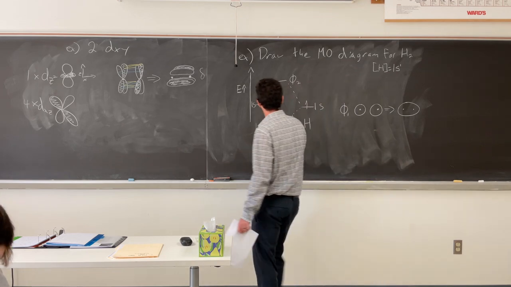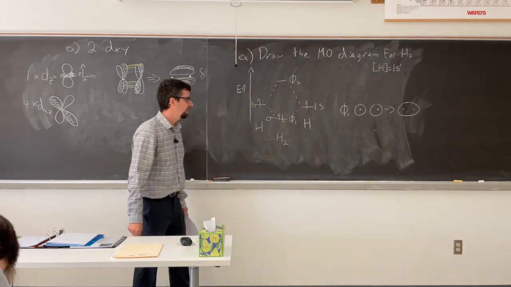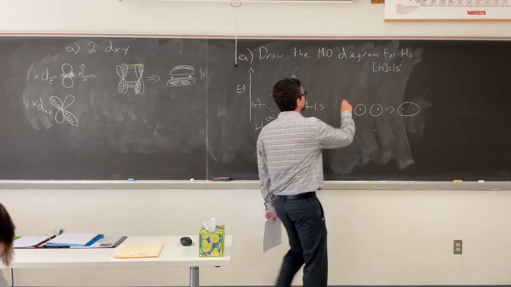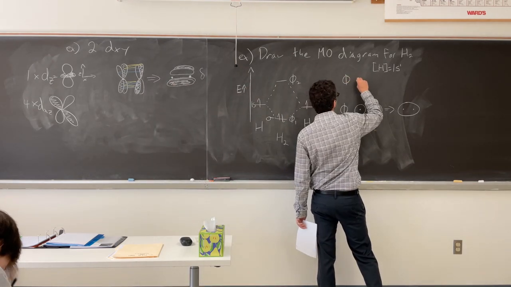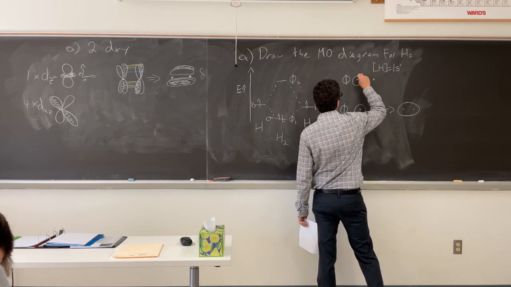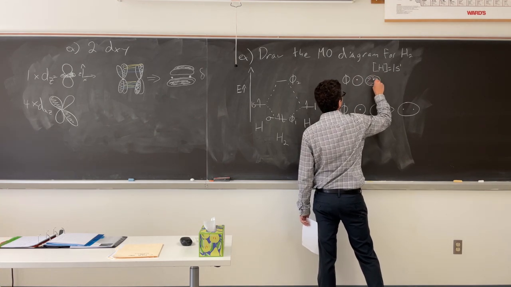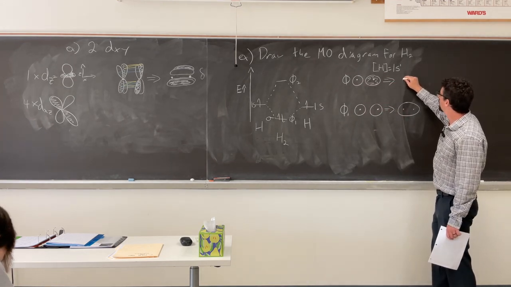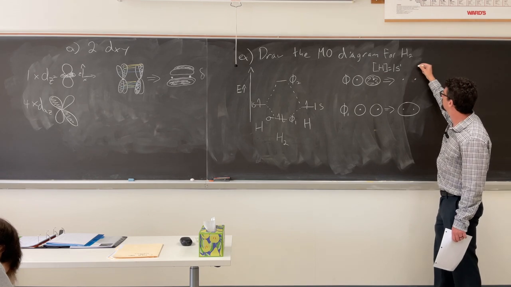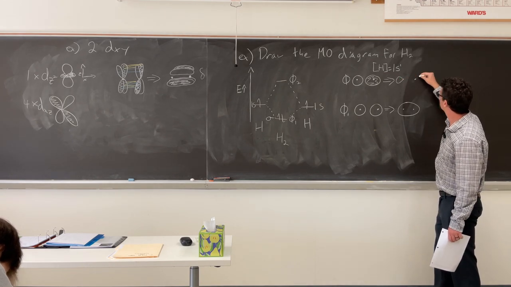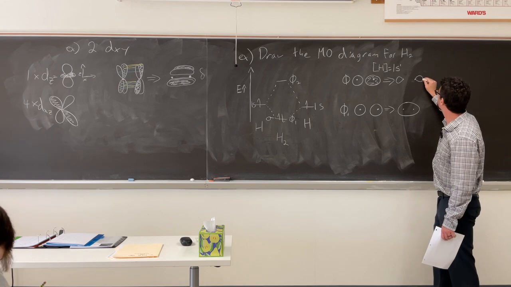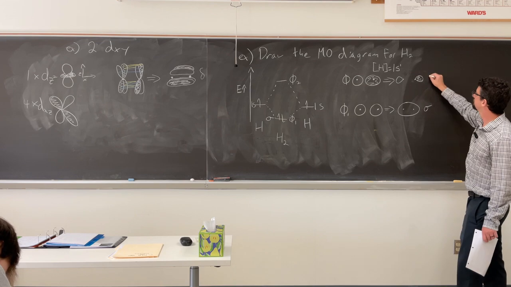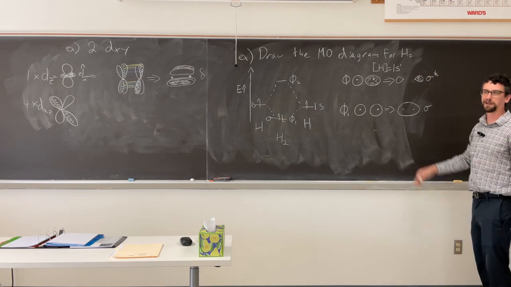So we might write sigma instead of psi 1. Okay, the other one, psi 2. This time, we moved them out of phase with one another. They're destructive. What's that one going to look like? And what type of overlap is that? Yep, sigma star.